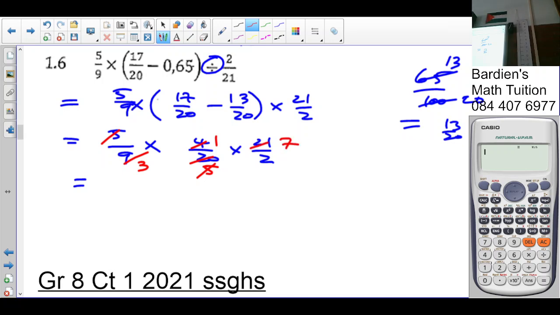Is there anything else that can cancel here? So we left with 7, 2, and 3. We all agree with that? So 7 over 3 times 2 is 6. Who got that right? Alright. Let's carry on.